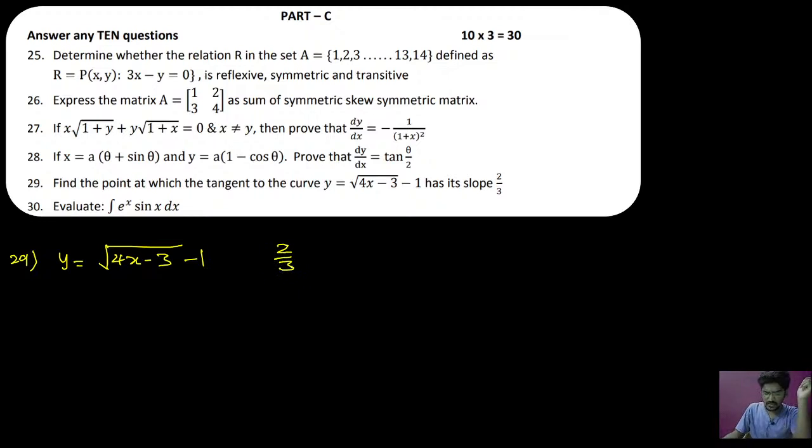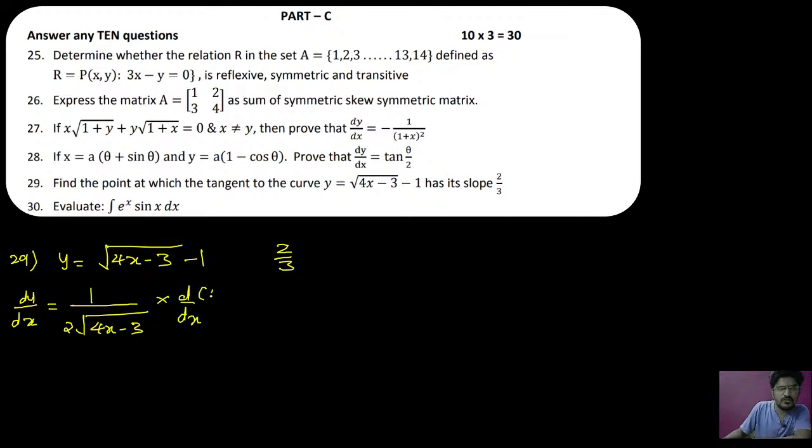So here we have to find the point on the curve. To find it, you first have to find dy by dx. The differentiation of root of 4x minus 3 is 1 by 2 root of 4x minus 3 into d by dx of 4x minus 3.